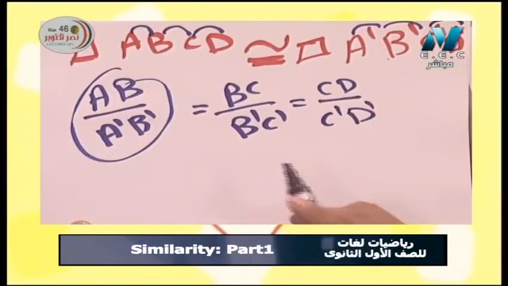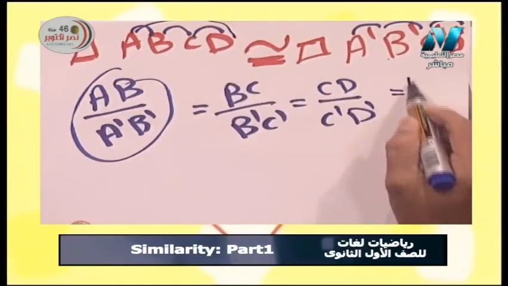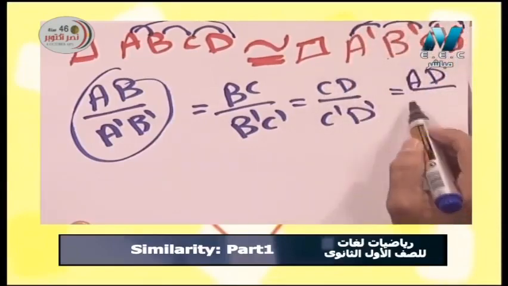The last one is like an umbrella: AD over A dash, D dash.